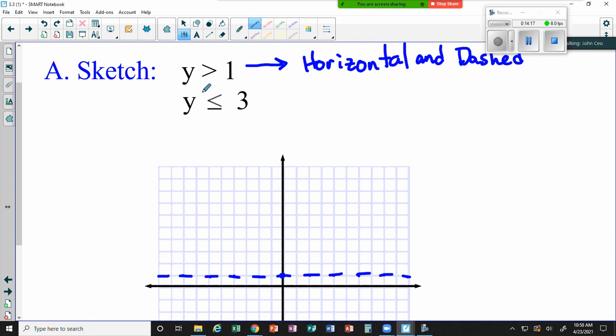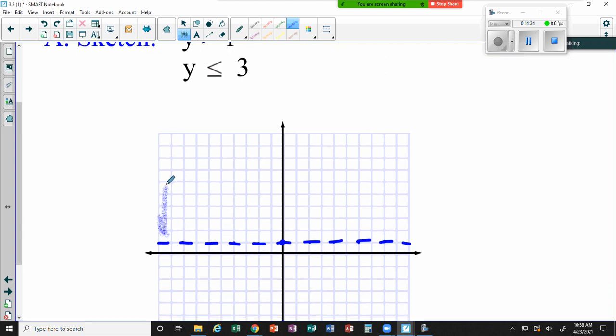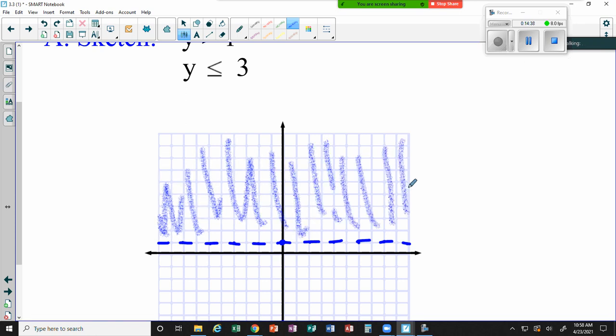Now I want to lightly shade this in. I want all the y values that are greater than 1. So where is y greater than 1? Above it, right? I'm going to shade everything up here.